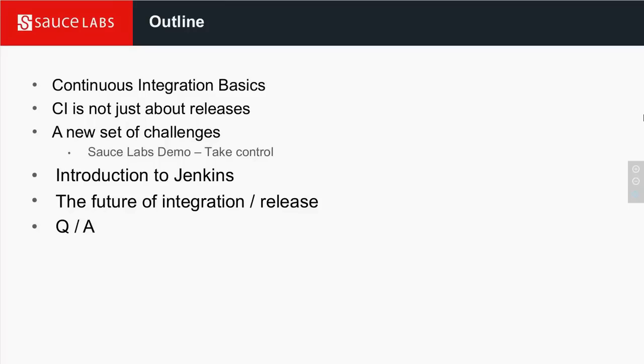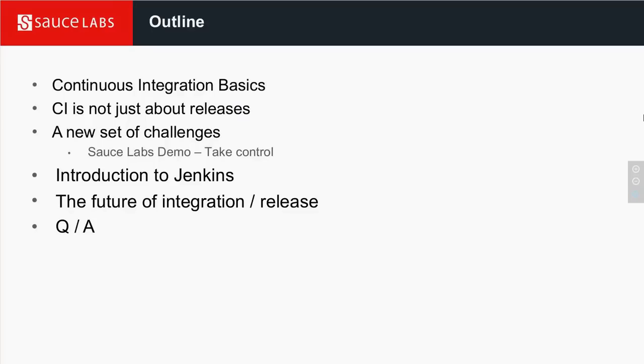I see that the poll has ended, and it looks like we have a lot of really interesting results. I appreciate that. While we wait for the results to pop up, I want to give you a sense of what we're going to cover here today. We are here to talk about continuous integration.